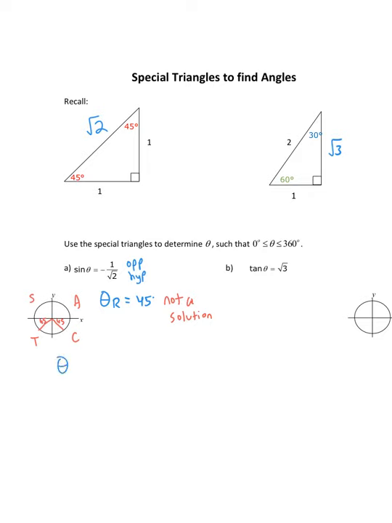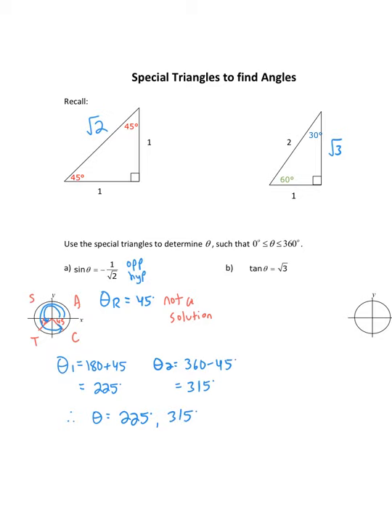So my first solution is 180 plus 45 degrees, which is 225 degrees. And the second solution is 360 take away 45 degrees, which is 315 degrees. So therefore, my solutions are 225 degrees and 315 degrees.